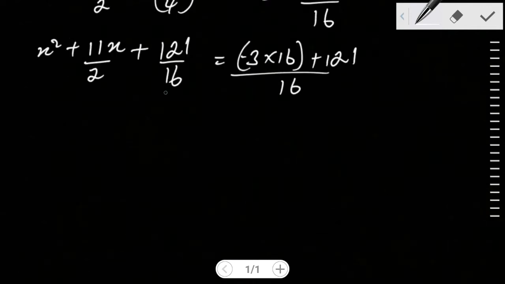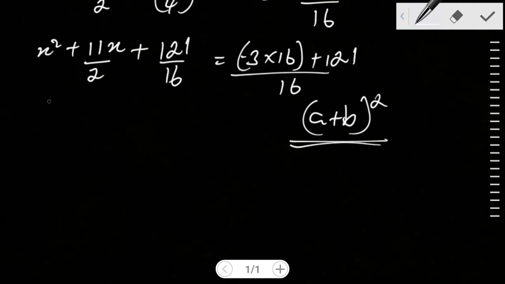We are going to depend mostly now on this. Now, to prove that this side is a perfect square: a perfect square is when you have, for example, a plus b and multiplies itself. So this is what we call a perfect square. Now, let's try to form that here.